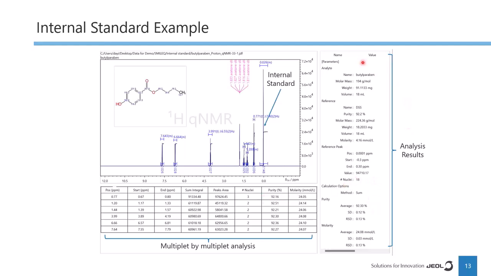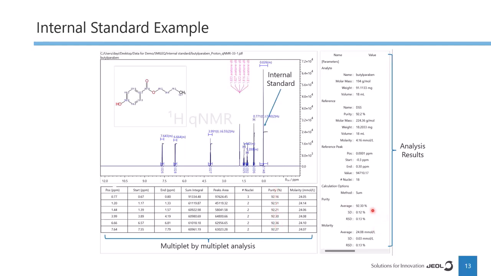And then on the right, we have an analysis results table. And here we have some information about what the analyte was, what the reference was, where the reference peak was, how the calculations were performed, and what the final result is. So we have an average purity, and this average purity is the average of these purities here.